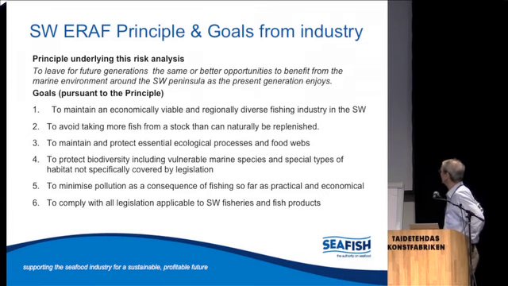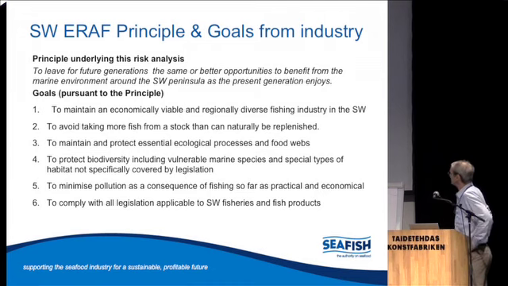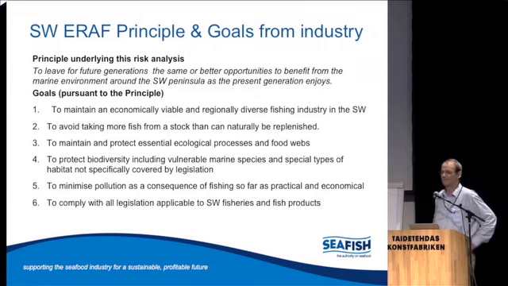We want to try and keep the ecological processes going. We want to protect biodiversity without necessarily just sticking to the letter of the law, because usually the letter of the law comes in when biodiversity has been hammered in some way. Then, of course, minimise pollution and comply with all the legislation. So this is the overall framework they gave us to start with.